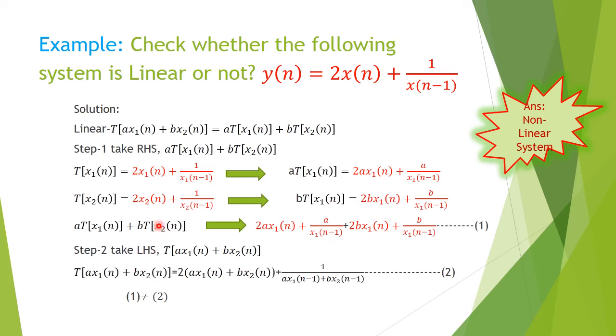Now we have to take the LHS: a into x1 of n plus b into x2 of n. The total x value is replaced by both x1 of n and x2 of n.